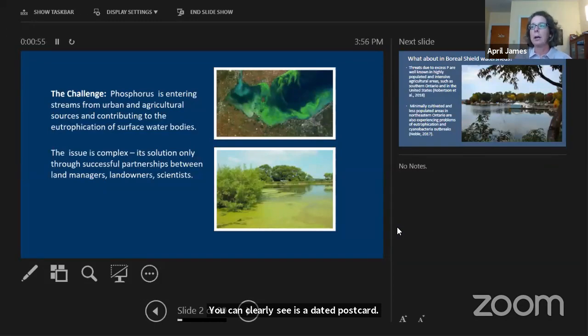The challenge that many of you are familiar with is phosphorus entering streams from urban and agricultural sources and contributing to eutrophication of surface water bodies. This issue is complex, with solutions perhaps only through successful partnership between land managers, landowners, and scientists.